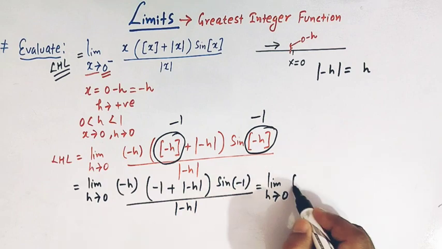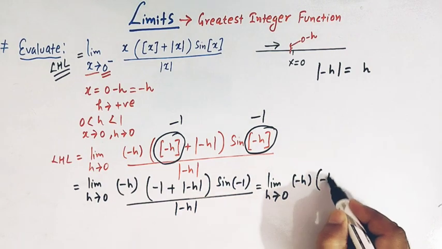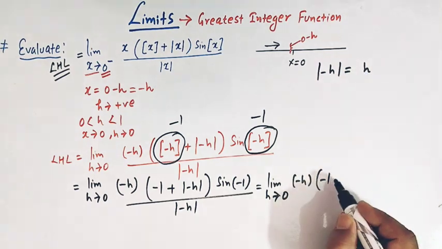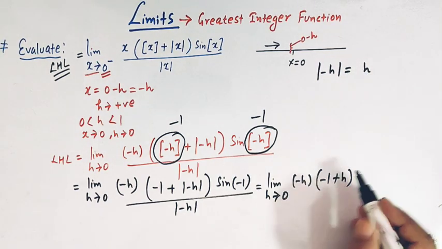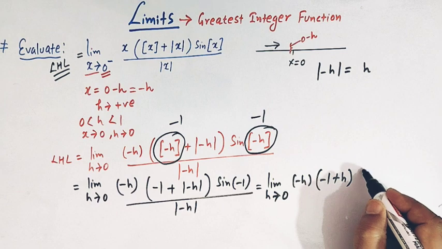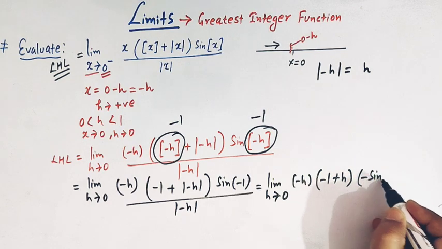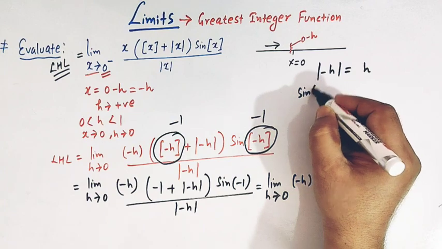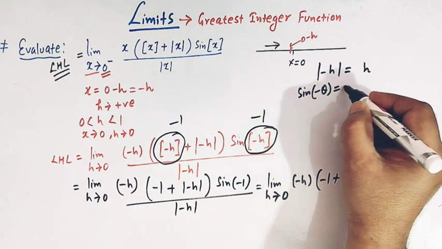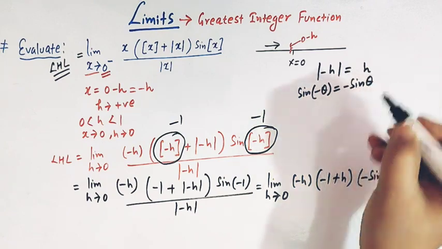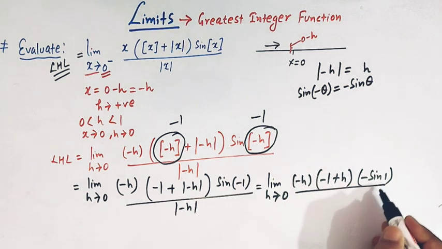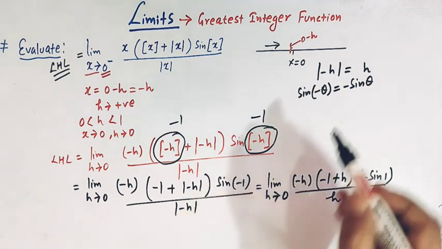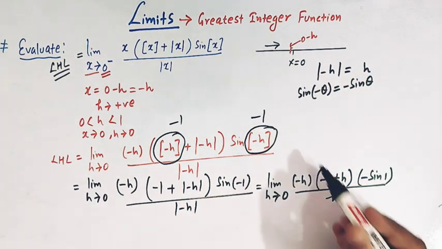Here we have minus h, then minus 1, then mod of minus h is simply h, and then sine of minus 1 can be written as minus of sine of 1, right? Because from trigonometry we know that sine of minus theta is equal to minus sine theta, right? And here in the denominator we have simply h, because mod of minus h is equal to h, right?